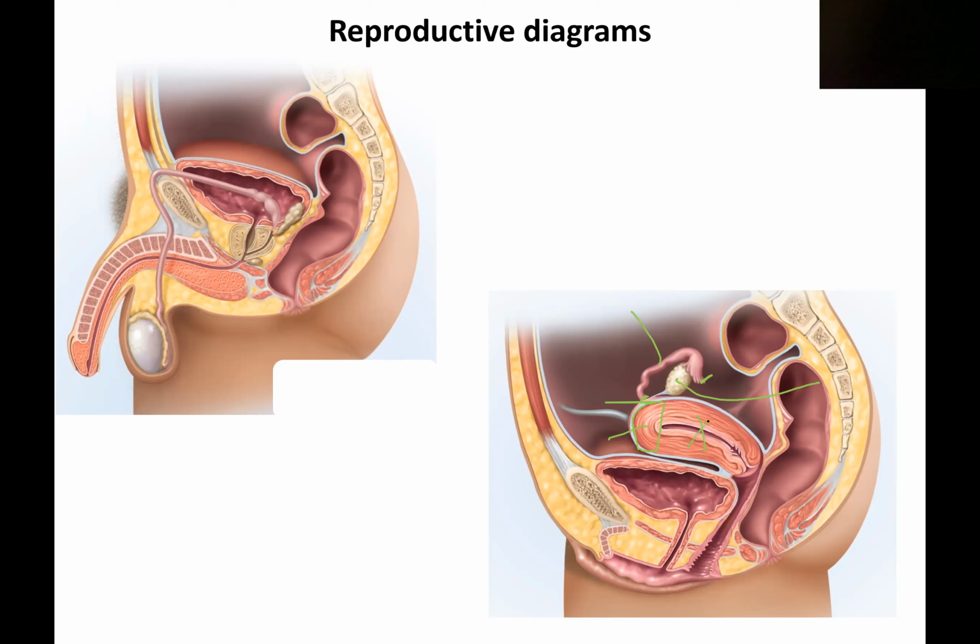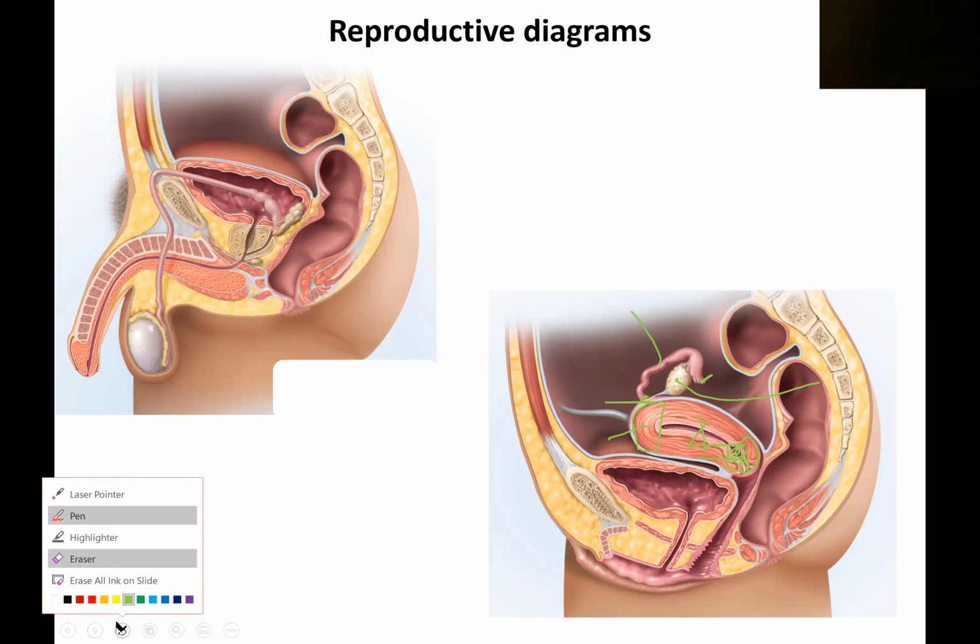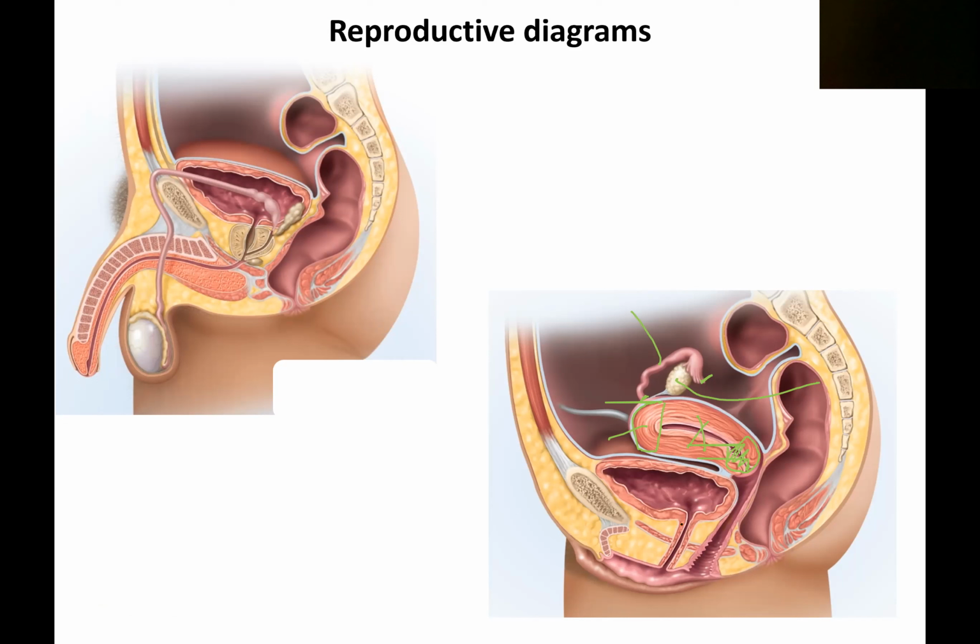This would be the body of the uterus. And this would be the cervix of the uterus. Vaginal canal, or vagina, starts here, ends here.